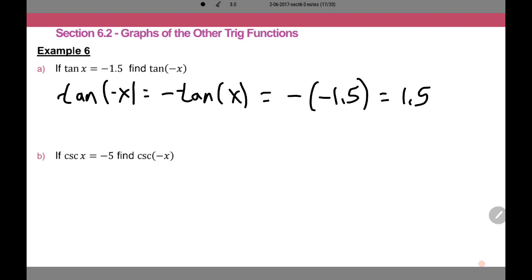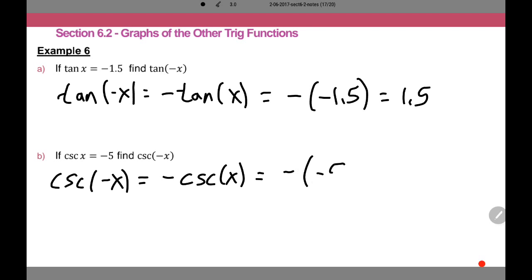Down here, cosecant of negative x is equal to the negative cosecant of x. So again, all of them work that way except for cosine and secant. So just remember, cosine and secant don't have the negative out front, the other ones do. These are all on your reference sheet. So in this case I'm going to do -5, which is 5.